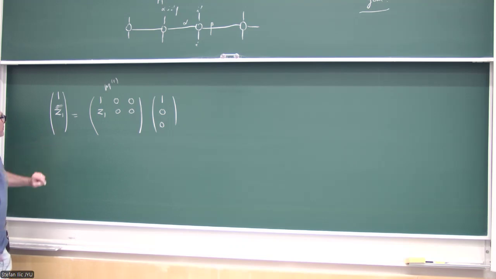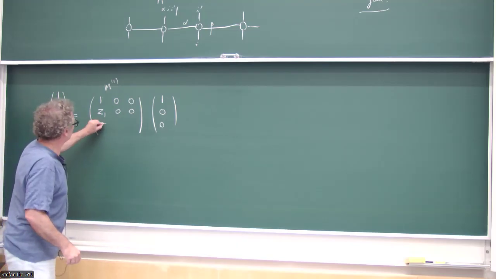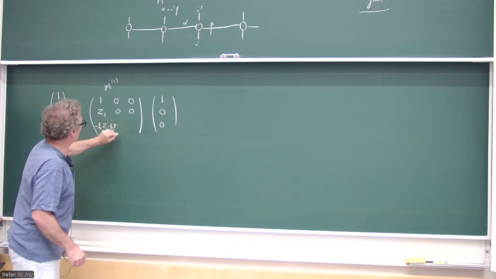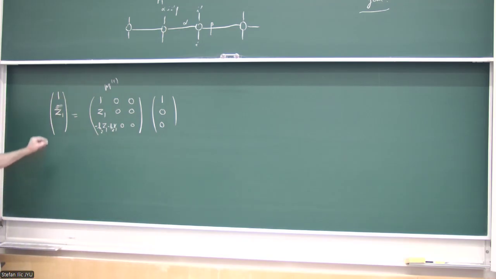And here, well, I can still put minus h Z1 minus h XX1, 0, 0. And I get the Hamiltonian, call it H1, for just 1 qubit.